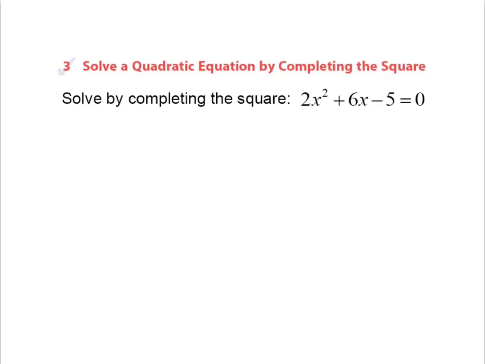Solve by completing the square: 2x squared plus 6x minus 5. Sometimes it's really hard to solve the equation by using factoring, like in this case. If you multiply 2 with negative 5, we get negative 10.